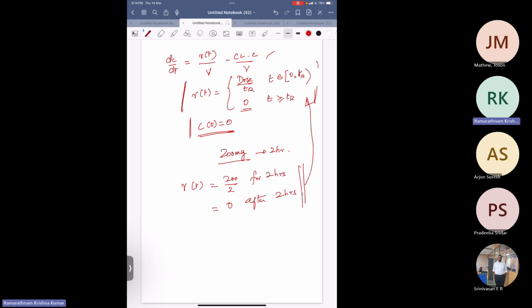So I can put a square bracket here, and then I have to say T is greater than TR. After 2 hours, that's what is greater than TR. Is that clear? So this means it becomes 0 only after 2 hours, after TR.